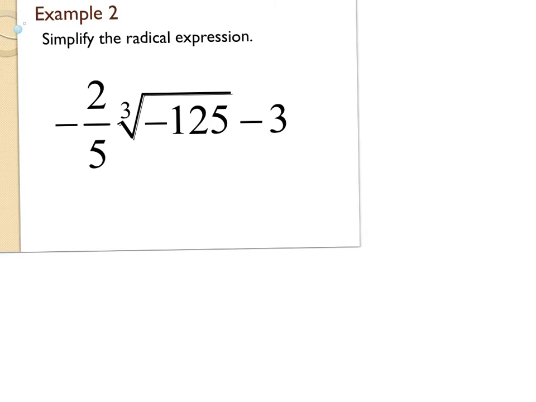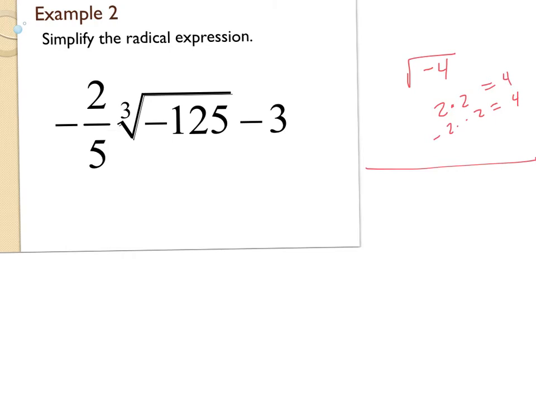Roots are telling us what number times itself, x many times, is equal to the number on the inside. So the idea here is what number by itself 3 times is going to equal negative 125. We're so used to not being able to take the square root of a negative number because two numbers that are the same multiplied together would never equal a negative.